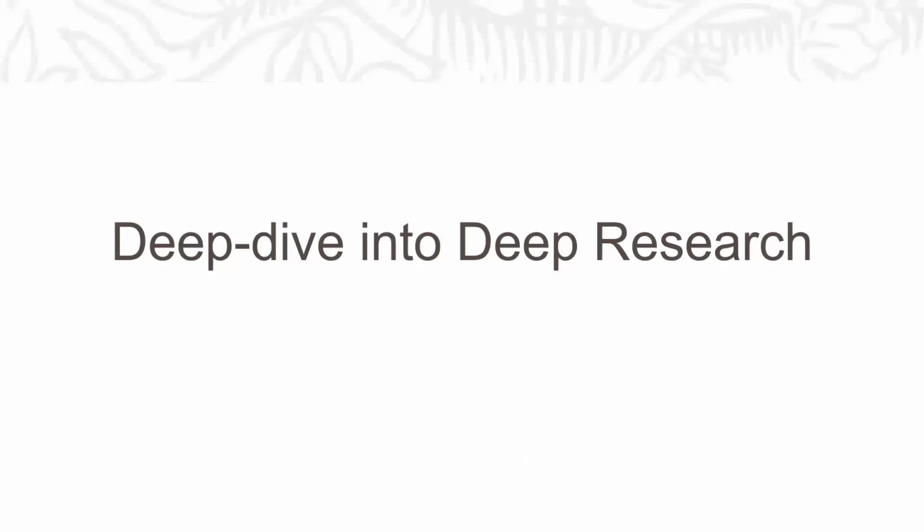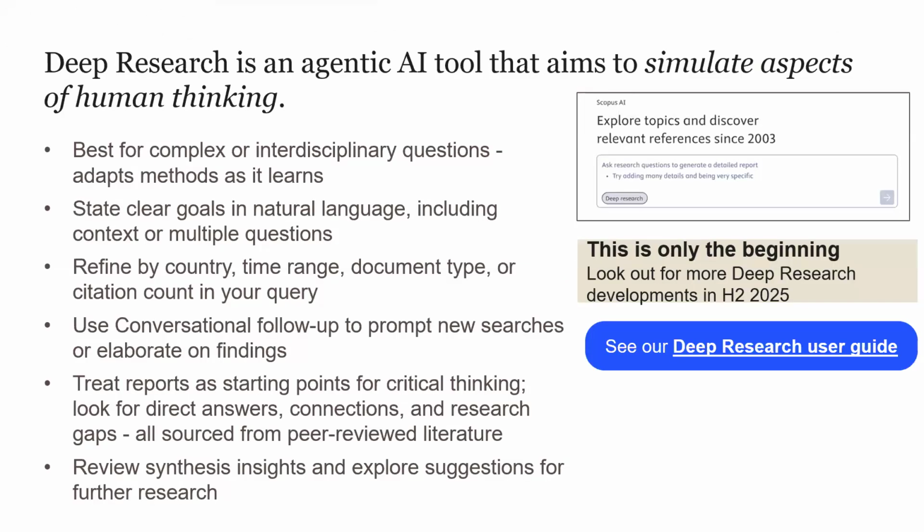Right, so the feature of today is really looking into the deep research functionality. Deep research is an agentic AI tool that aims to simulate aspects of human thinking. It uses agents to self-control the processes that it will follow.